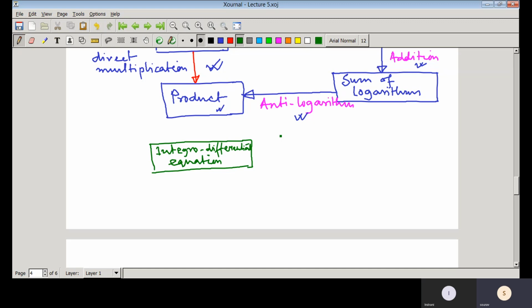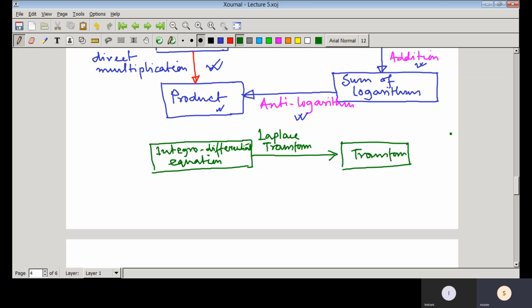Now if you take the Laplace transform, that means you are transforming here.